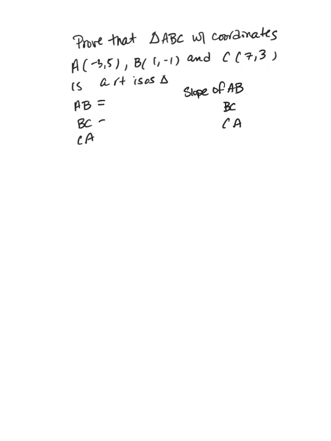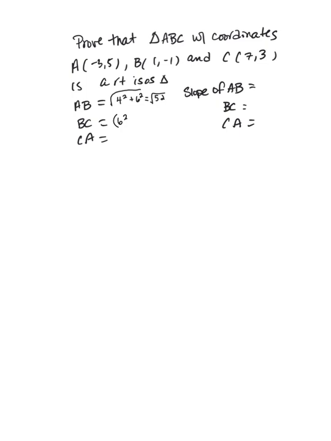Again, I'm going to do mental math. Okay, you can show the work if you want. So from A to B, -3 is 4 away from 1. 5 is 6 away from -1. 16 plus 36 is 52. B to C, 1 is 6 away from 7.